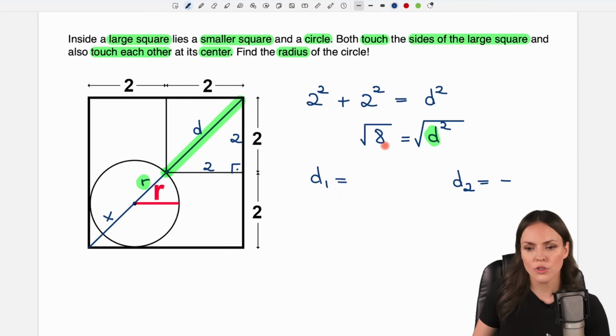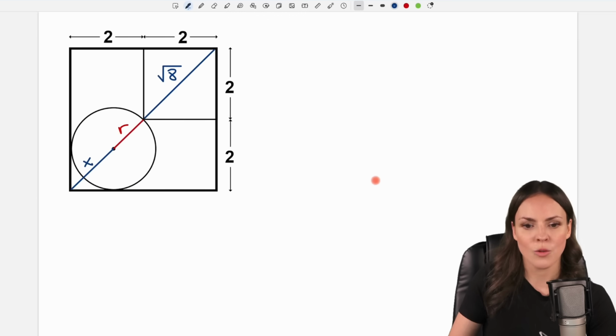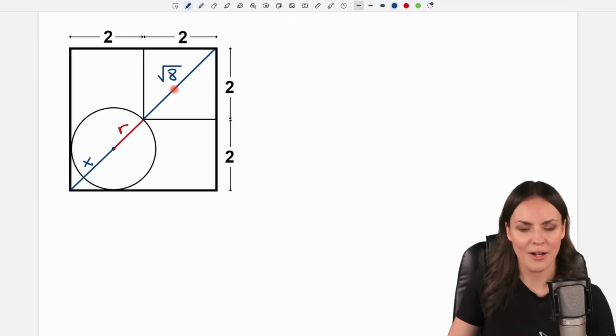The positive solution is just the square root of 8, and the negative solution is negative the square root of 8. I'm not interested in a negative solution for my diagonal because I need a positive length, so we can just ignore this here. But the diagonal has a length of the square root of 8, so this is what we can see here now.